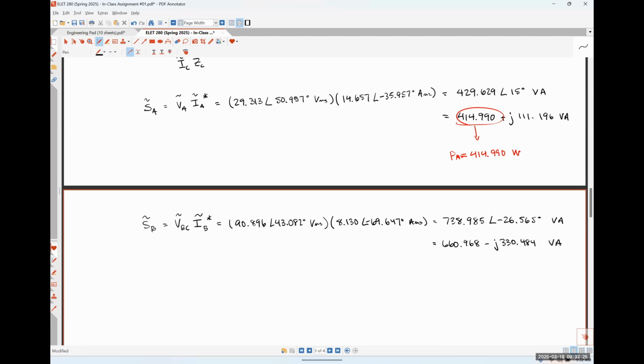For part B of the problem, actually, let me just put a note here. For part B of the problem, we were asked to determine the apparent power absorbed by the impedance ZB. So which of those 4 numbers is the apparent power? The 738.985. Absolutely right.